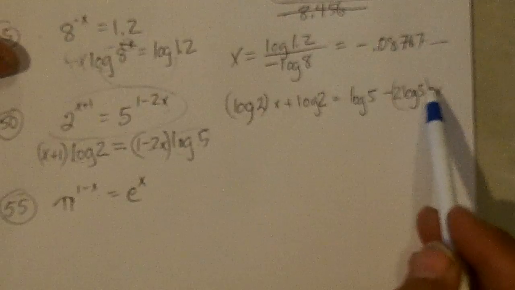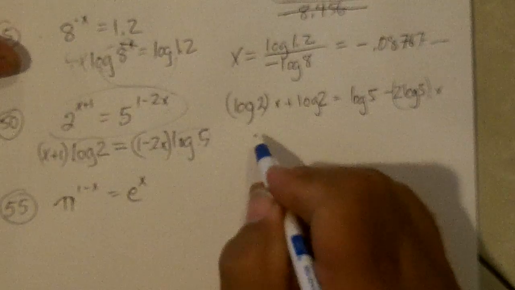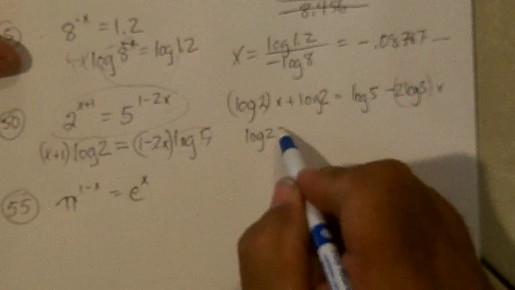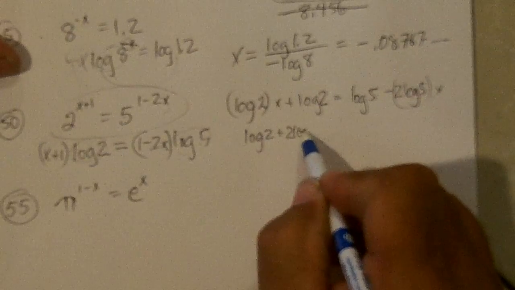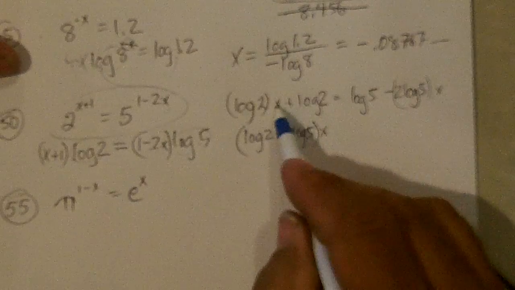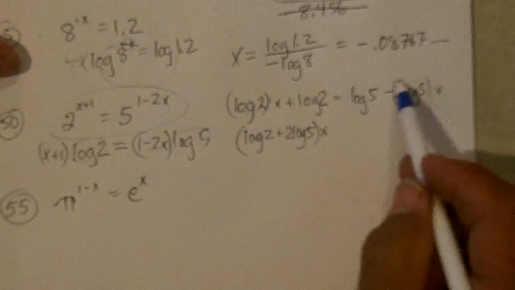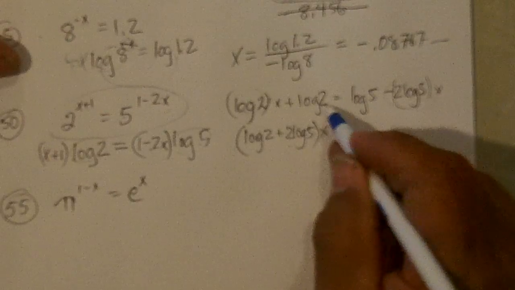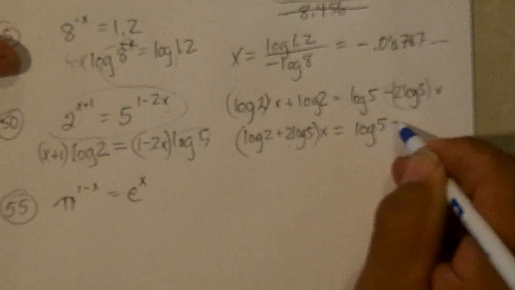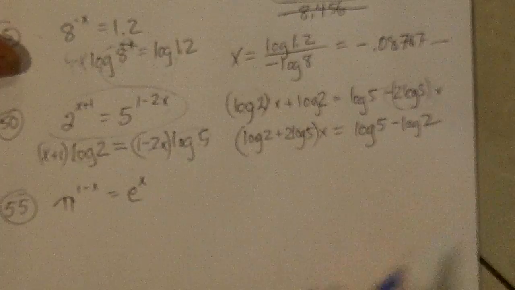These both have x's in it, so I'll add that over here. So I'm going to have log of 2, whatever that number is, plus 2 log 5. Those would be all times x. This many x's plus this many more x's. And I'm going to subtract this over, so I'm going to have log 5 minus log 2.